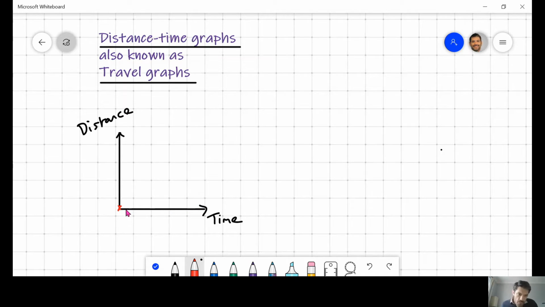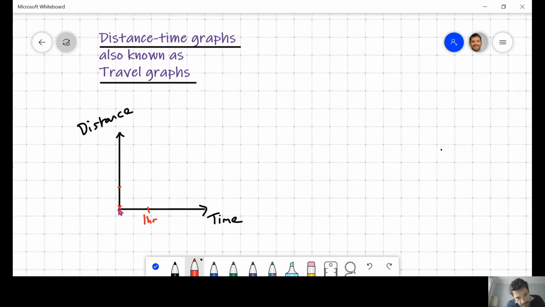How about if I was walking? So say I'm traveling for an hour. If I'm traveling a certain distance, I don't want you to focus on the numbers here. I'll keep 1 hour just so we've got some unit of time to think about. If I've traveled this distance in an hour, it might be about 3 miles, because we walk at about 3 miles an hour, which I think is a fairly good pace.